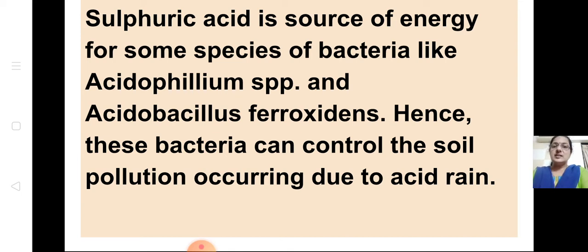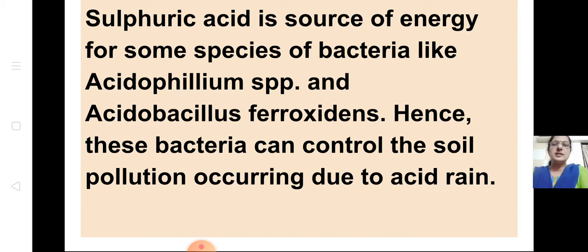So sulfuric acid, which causes erosion of bridges and metals and is harmful for us, is present in acid rain and is a source of energy for some bacteria like Acidophilium species and Acidithiobacillus ferrooxidans. So these bacteria can control the soil pollution occurring due to acid rain. You all know when there is acid rain, there is not only pollution of buildings, bridges, metals, but even pollution of soil.